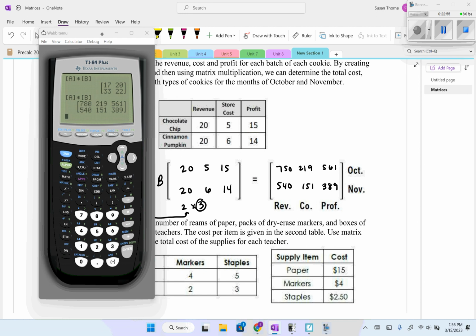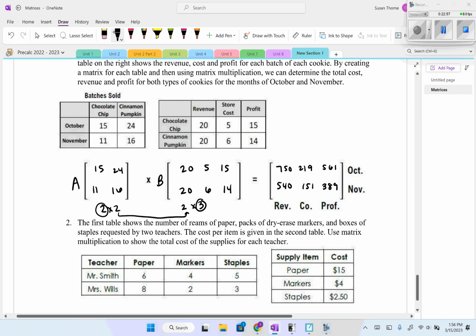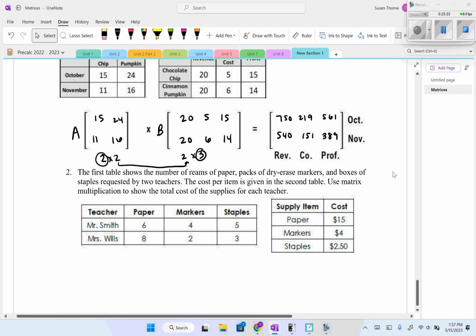And so that just tells us for that specific month, we can figure out the revenue, cost, and profit for each batch of cookie that we had with this matrix right here. So in October, the revenue was $750. The cost was $219. So the profit was $561, etc.